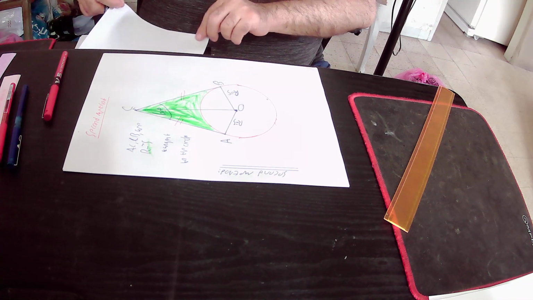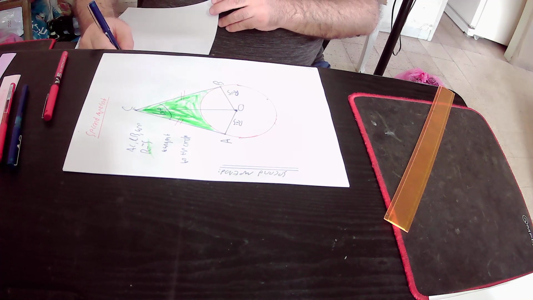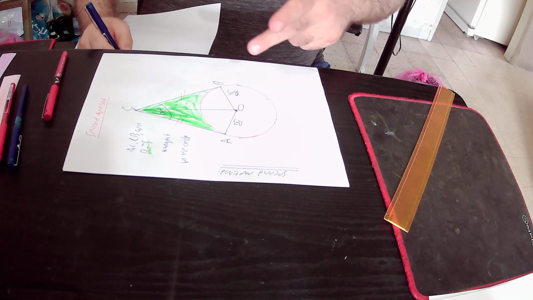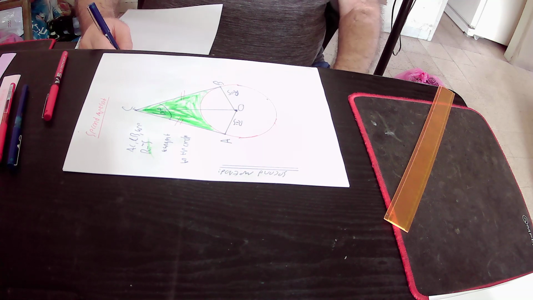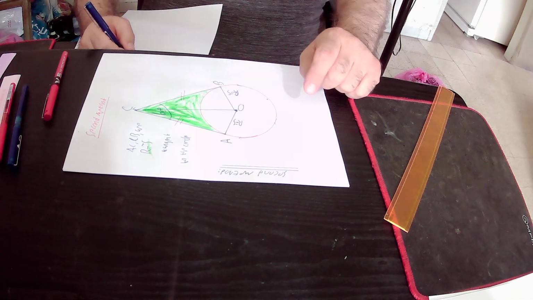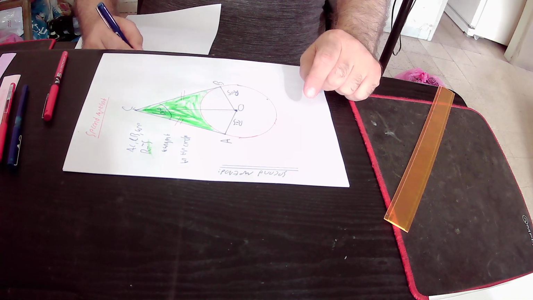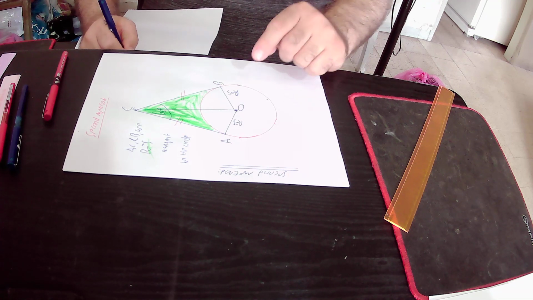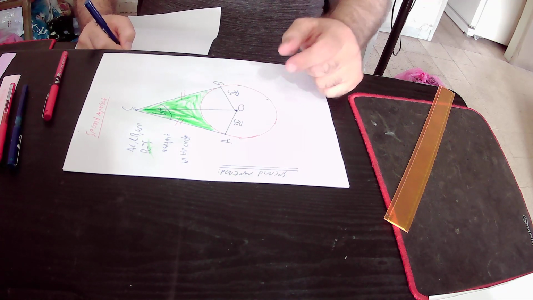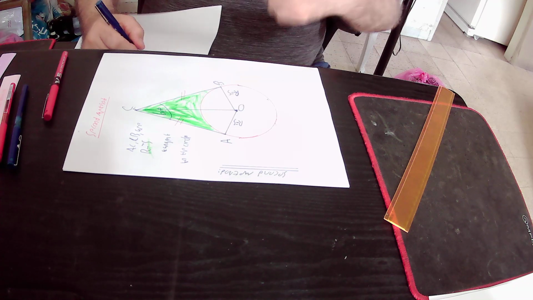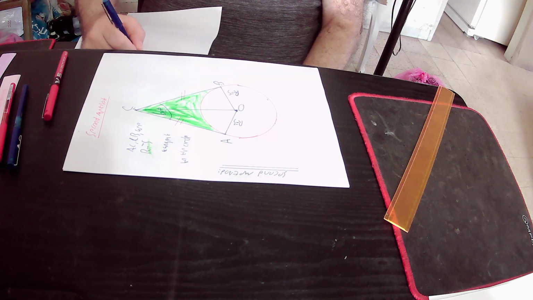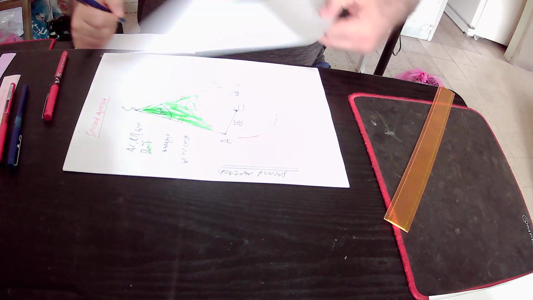So triangle AOC is congruent to triangle BOC. I will repeat very quickly why those two triangles can go into each other. AO equals BO. AC equals BC according to the two tangents theorem. And OC equals OC, it is a common side.